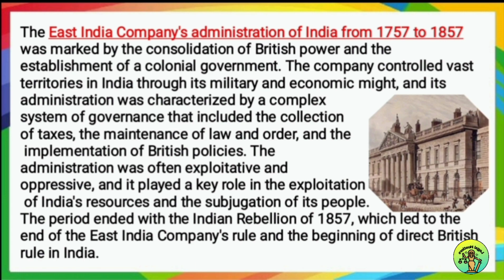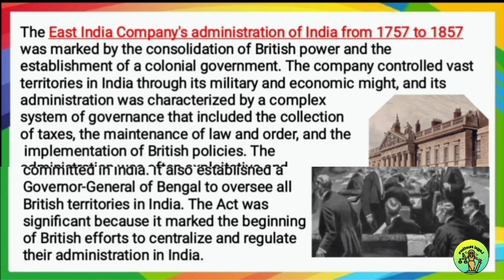The administration was often exploitative and oppressive, and it played a key role in the exploitation of India's resources and the subjugation of its people. The period ended with the Indian Rebellion of 1857, which led to the end of the East India Company's rule and the beginning of direct British rule in India.